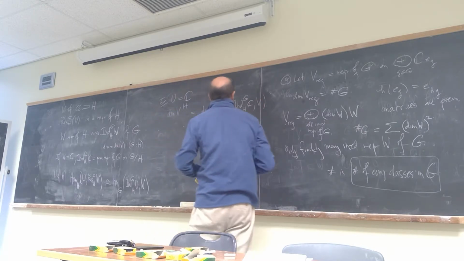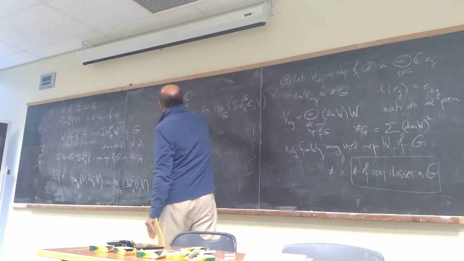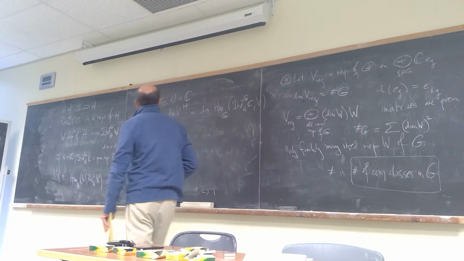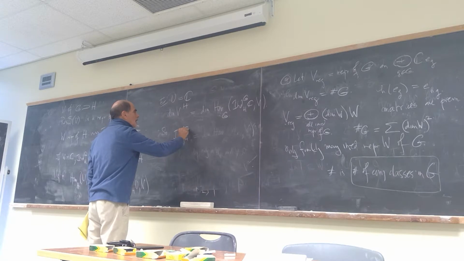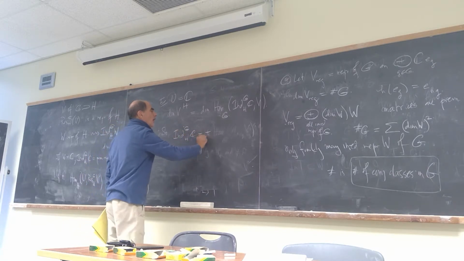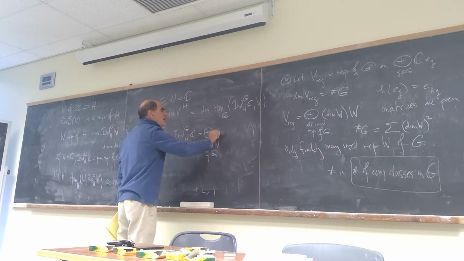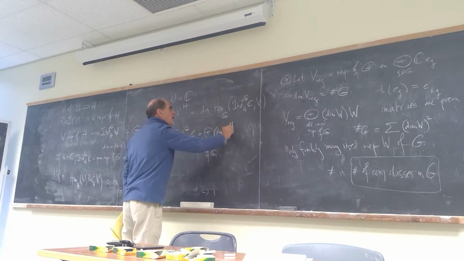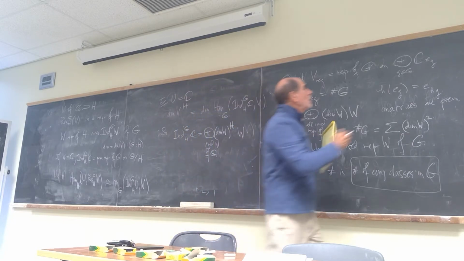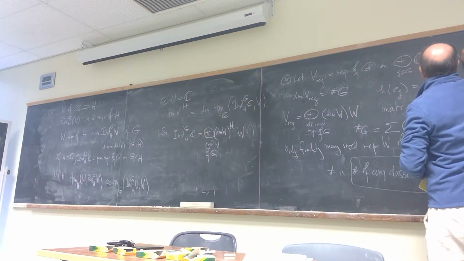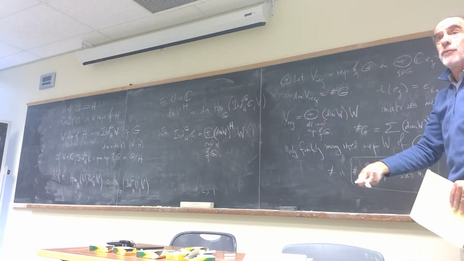So it says that the multiplicity of any irreducible representation in this permutation representation is just the dimension of the fixed space under H. So the induced representation from H to G of C is the direct sum over the irreducibles W of G of the dimension of W fixed by H times W. We can see that the regular representation is nothing but the induced representation from the trivial group to G of C. It's the permutation of G on itself, not on the cosets.